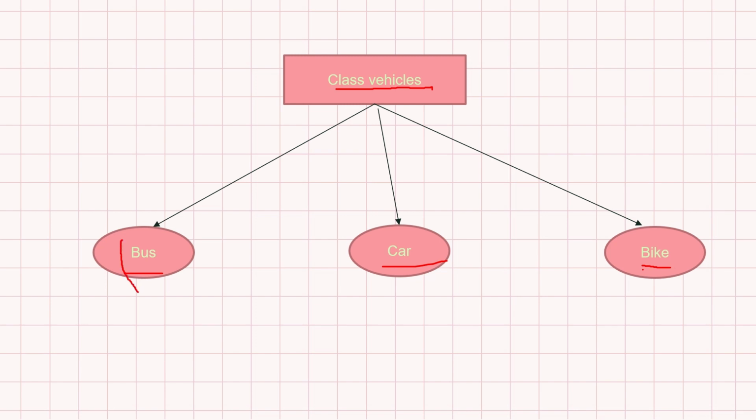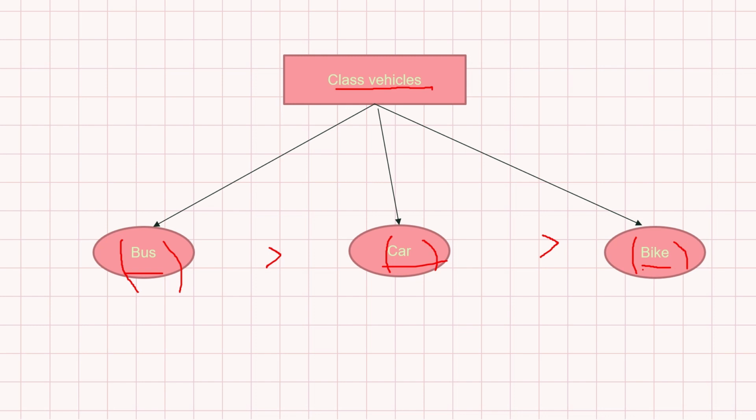If we take a bus, it requires a large amount of fuel. The car takes less fuel than the bus. And the bike takes less fuel compared to the bus and car. So the three of them carry the same property, like fuel amount.